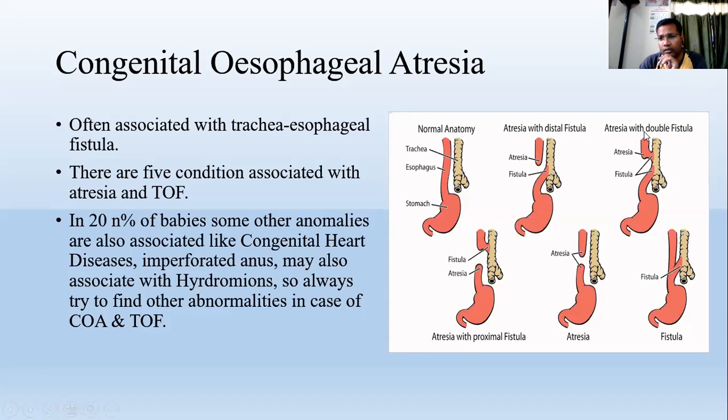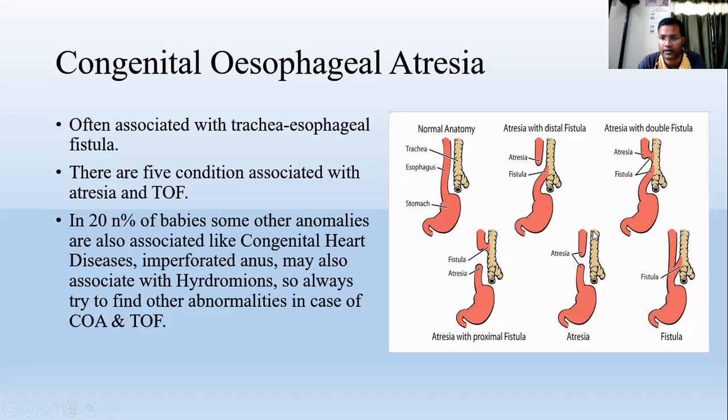Second condition is atresia with a double fistula, meaning the upper part of the esophagus is there and is fused into the trachea, and the lower part of the esophagus is also fused to the trachea. Here, the upper part of the esophagus opens into the trachea, causing the tracheoesophageal fistula, but the lower part ends blindly, so here is atresia with the proximal fistula.